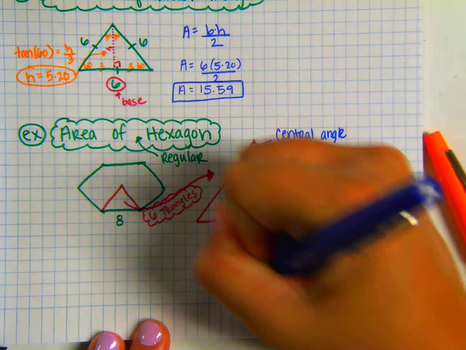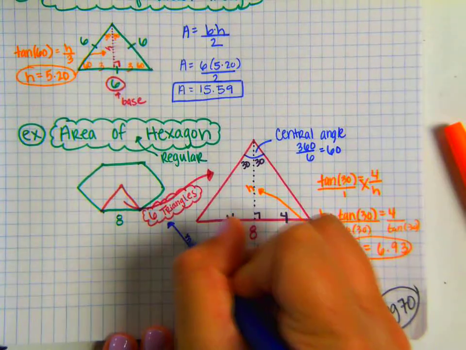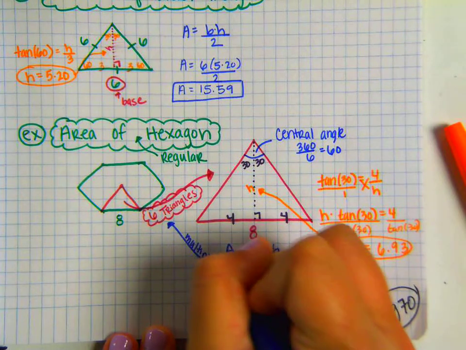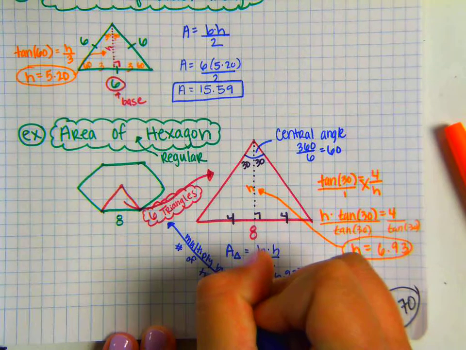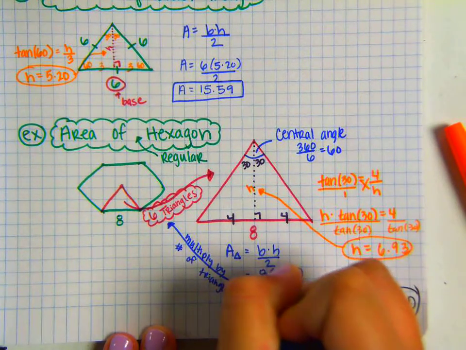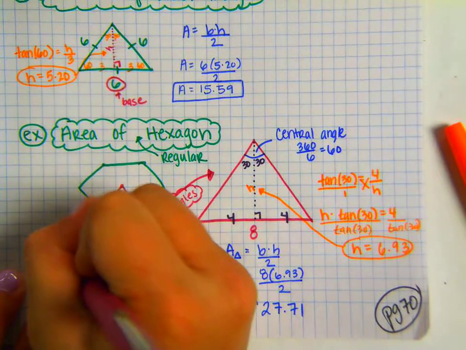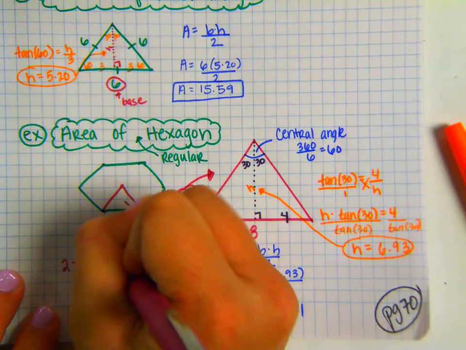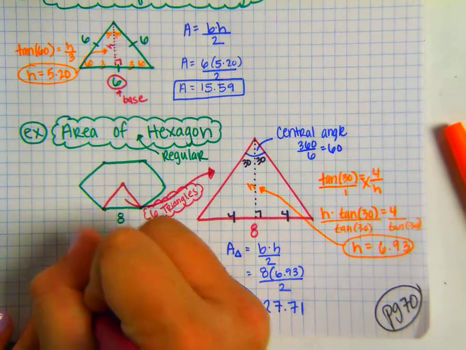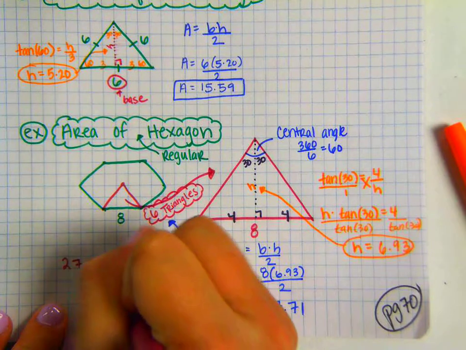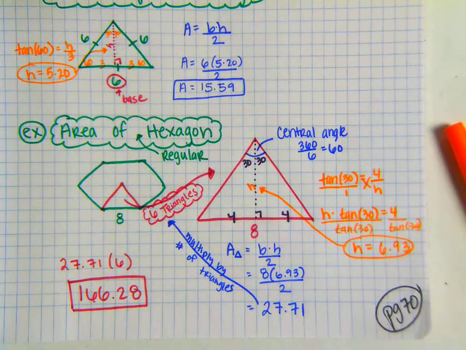So I'm going to draw an arrow and write multiply by number of triangles, just so you remember that's what we're doing. So I'm going to do 27.71 times 6, and I get 166.28 as my final answer for the area of that hexagon.